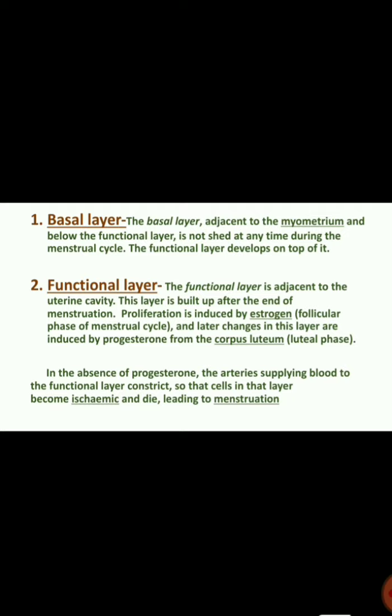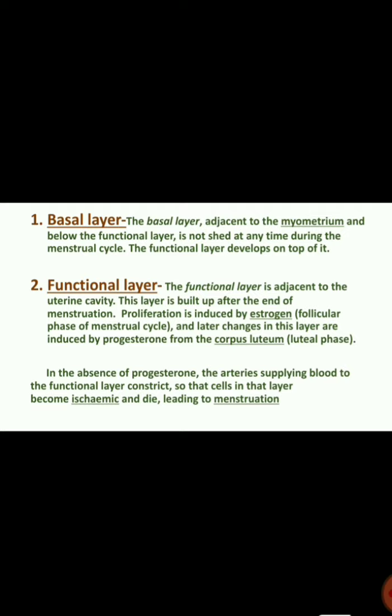Next is the functional zone. This zone is above the basal zone, and it is under the influence of the fluctuating ovarian hormones, estrogen and progesterone, and it shows cyclic changes.